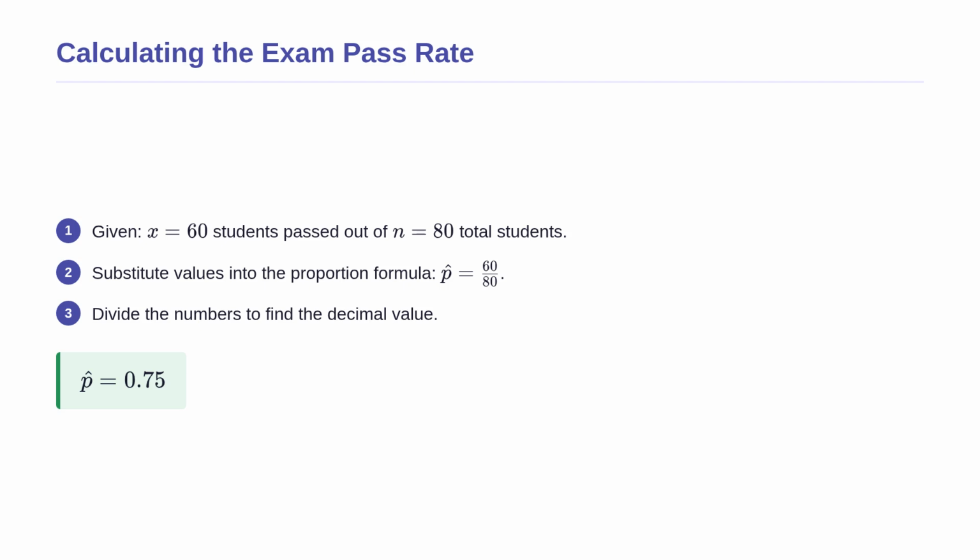Dividing 60 by 80 gives us a final decimal value of 0.75. This means exactly 75% of the students passed. We did not analyze causes or test theories. We simply described the reality of the classroom using undeniable statistical facts.